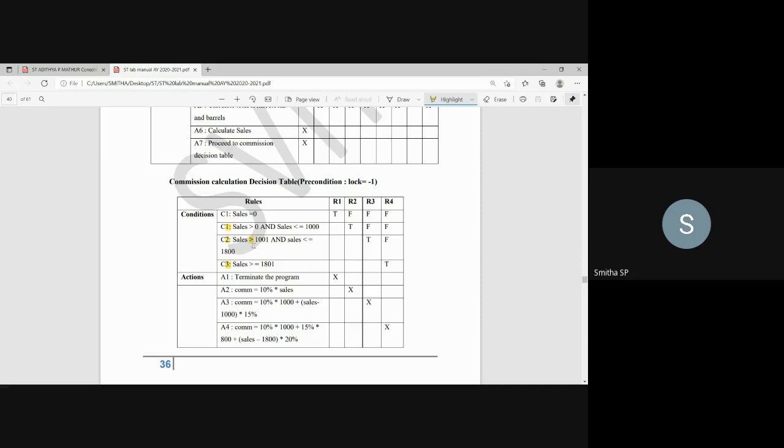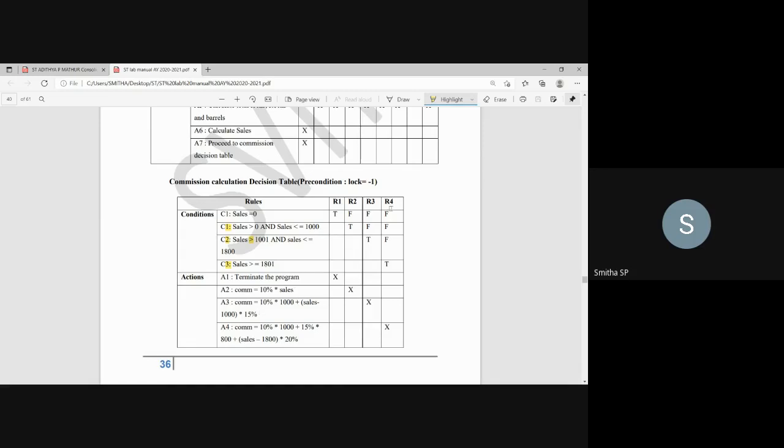So the sales value lies between 1001 to 1800. If this is the range, then 15% commission should be given to the salesperson. So for that, action A3 has been marked, where the commission is calculated for the sales at 15%.